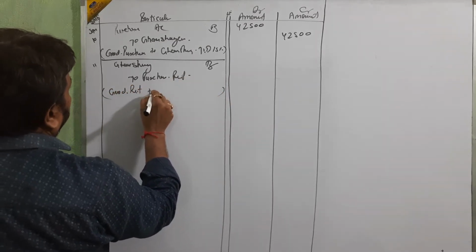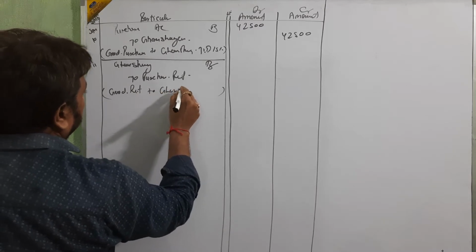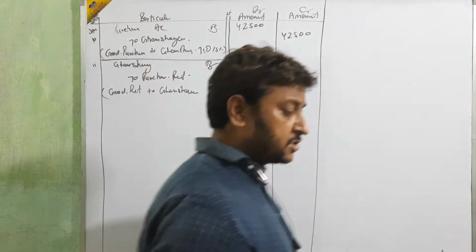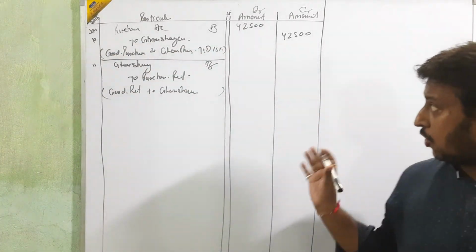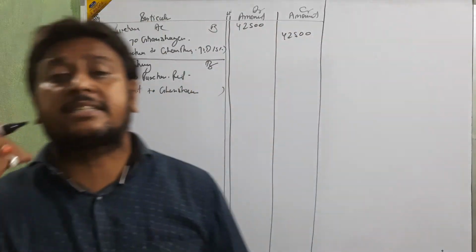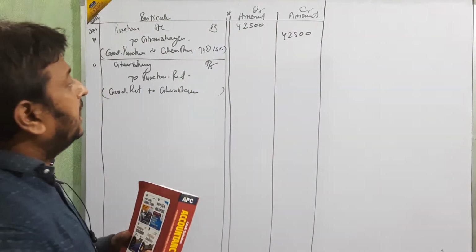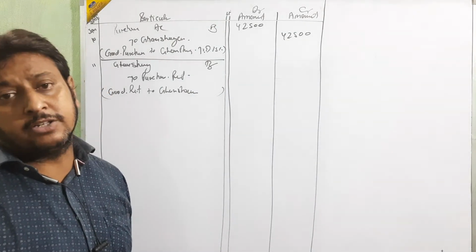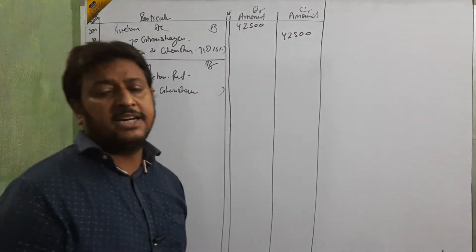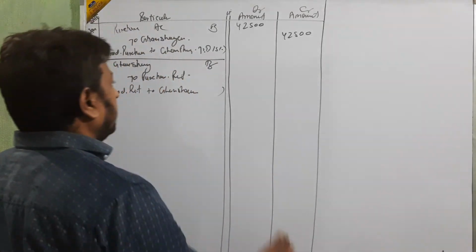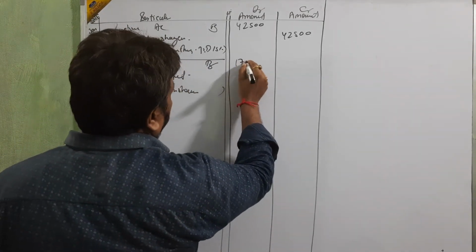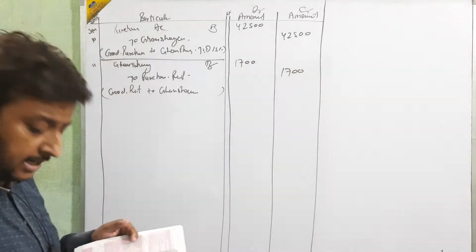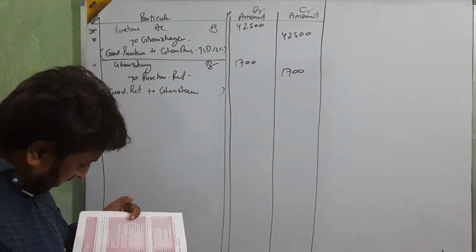Goods returned to Ghanshyam 2,000. The list price is 2,000, but we are going to show it less trade discount also. After deducting the trade discount, we show the amount. 2,000 less 15%, which is 300, the remaining amount is 1,700. Clear? Now go for the next.